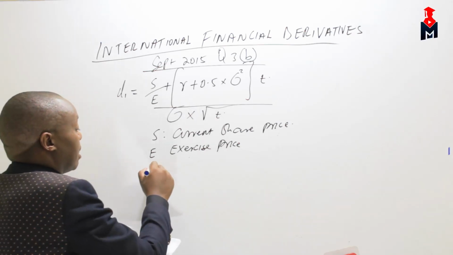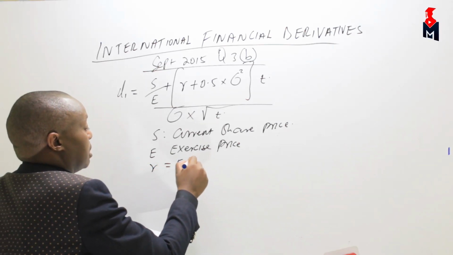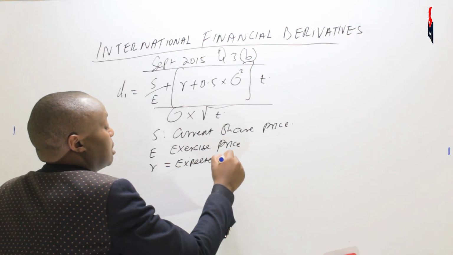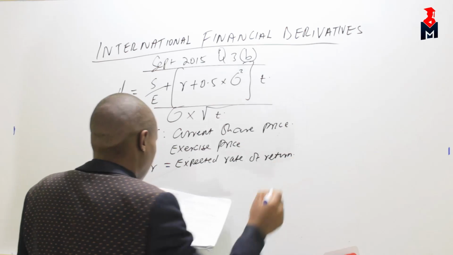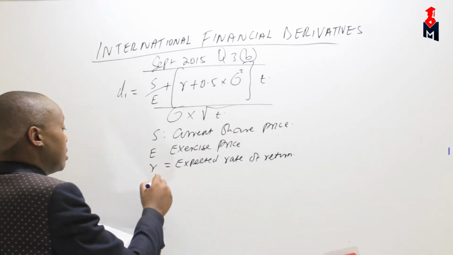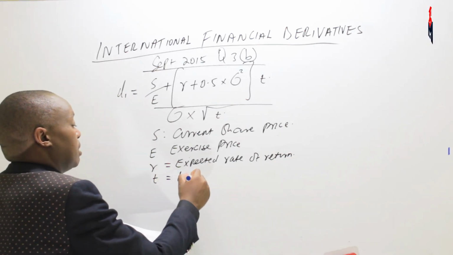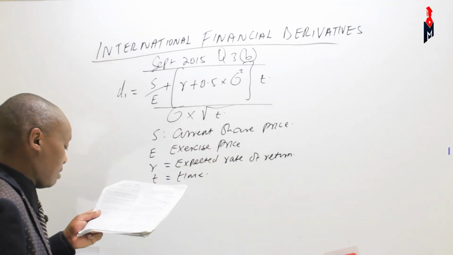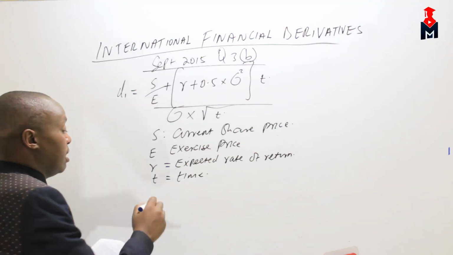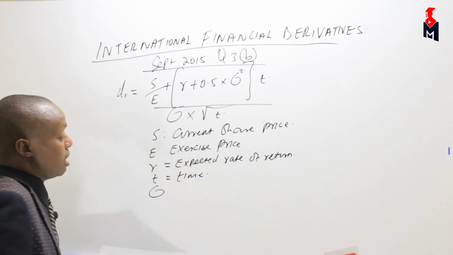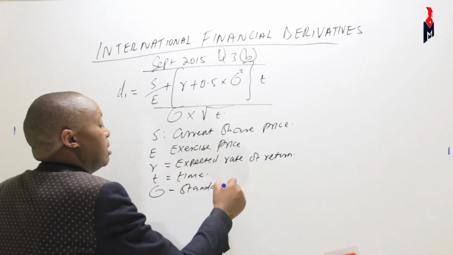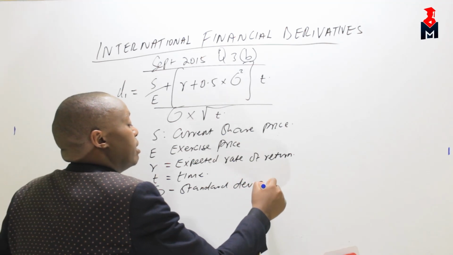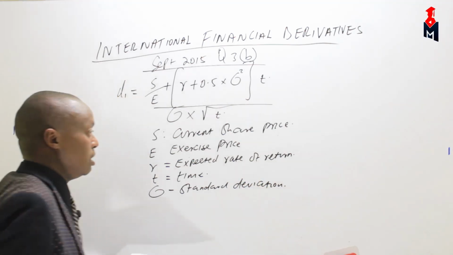Then R represents the expected rate of return. Then T represents the time period. Then sigma is the standard deviation, or rather the measure of risk.